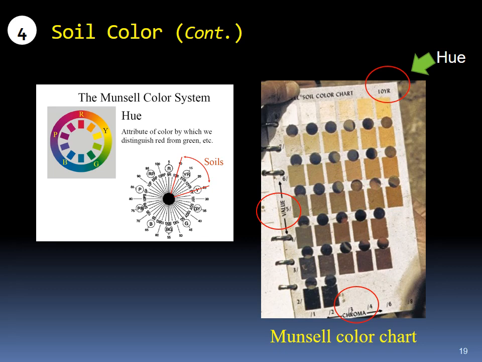Chroma is the third component, and chroma, as we said, describes the purity of the soil. So if you move to the right side, or if the chroma value increases, then the soil becomes less pure, compared to if you move to a smaller chroma value, the soil becomes more pure. It will return to its original color without the paint.